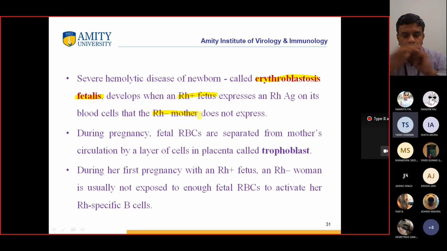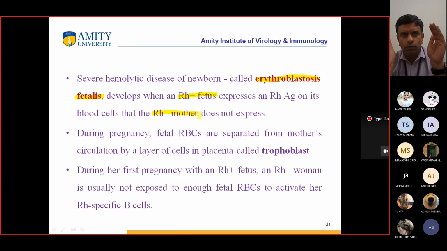Yes, sir. Okay. So you know what happens during pregnancy? These fetal RBCs are separated from the mother's circulation by a layer of cells in the placenta called the trophoblast. So the trophoblast separates the RBC of the mother and the baby. During her first pregnancy with an Rh positive fetus, an Rh negative woman is usually not exposed to enough fetal RBC.